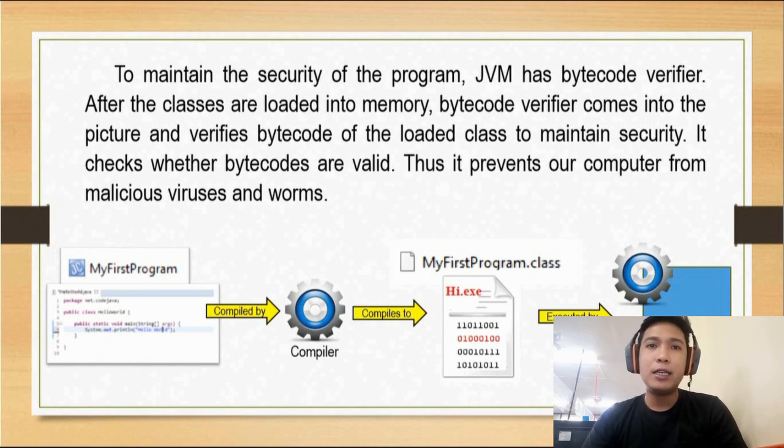So, as you can see in the diagram below, first we have our program or a source code, that is compiled by a compiler into a bytecode, which is yung class natin, pag nakita natin sa folder, and executed by the JVM or the Java Virtual Machine for the computer to understand.